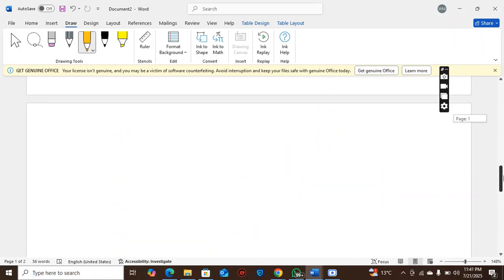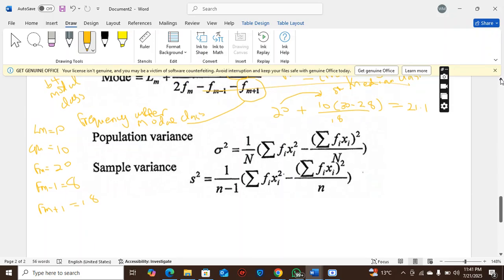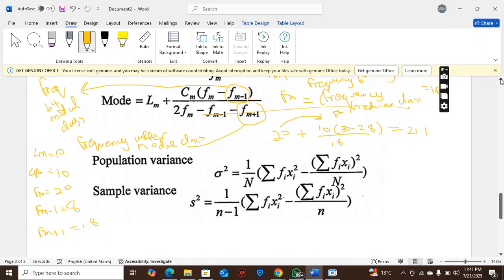So FM minus 1 is 8, FM plus 1 is 18. So colleagues, we can calculate our mode, basically the salary that is paid to most people.